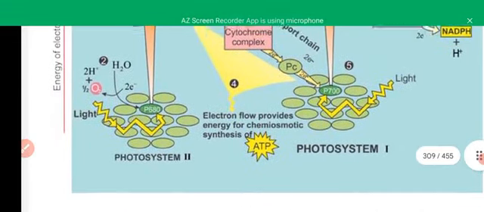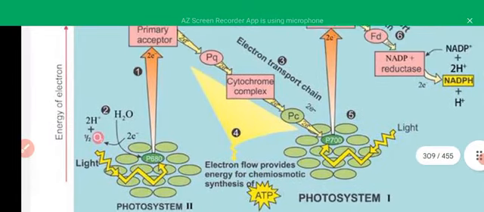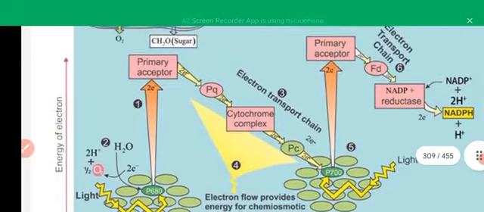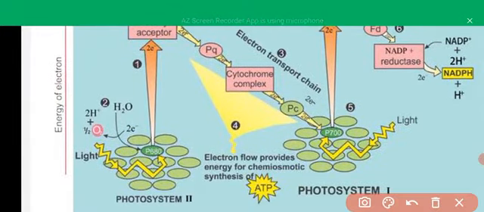Light comes to photosystem 1, and electrons jump from the reaction center to the primary acceptors. Two electrons are shown, and these electrons come from the splitting of water.